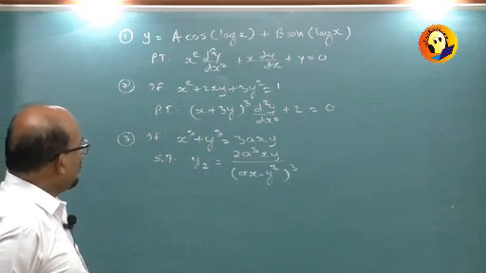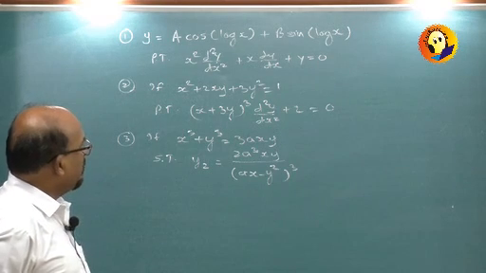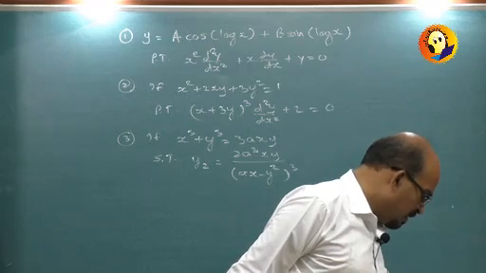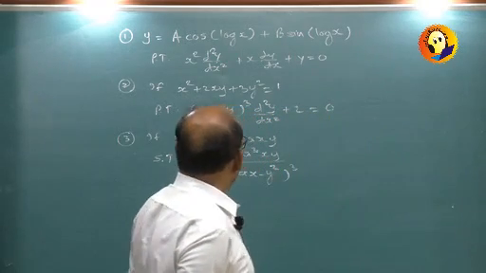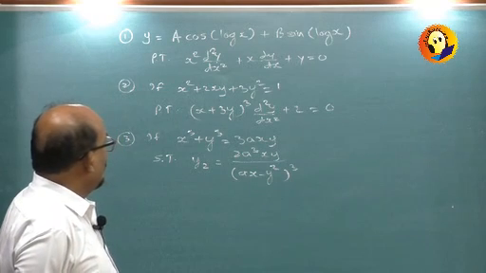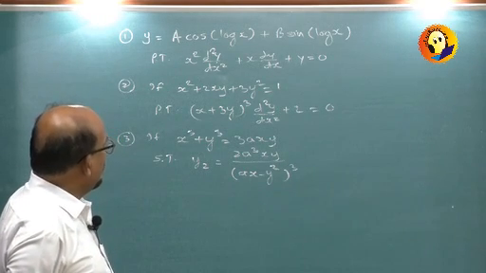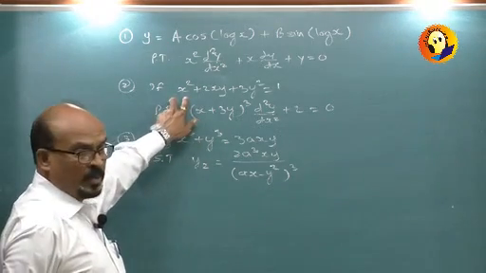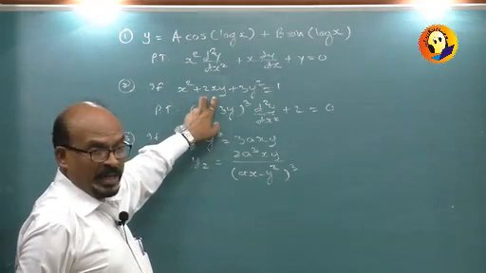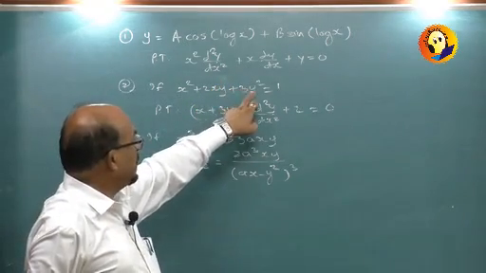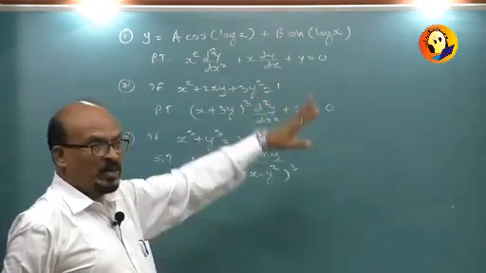It is x square plus 2xy plus 3y square. Is this correct? Yeah, is equal to 1. Now, should we differentiate it as it is? Then what it will be? 2x plus 2x dy by dx plus 2y plus 6y dy by dx equal to 0.